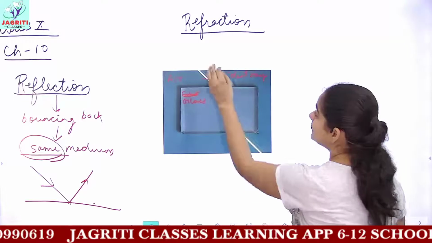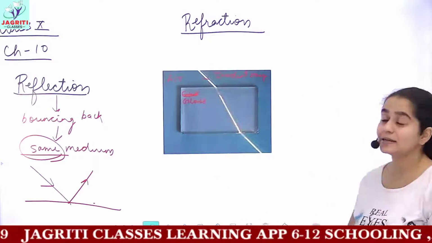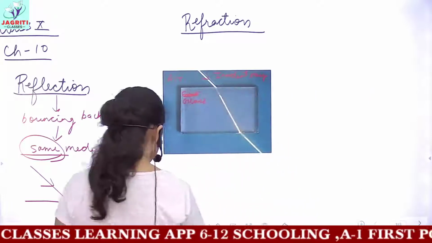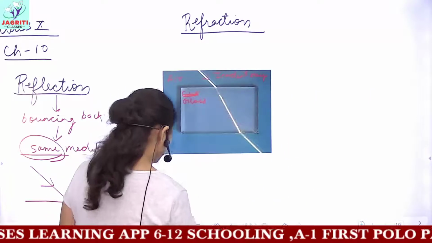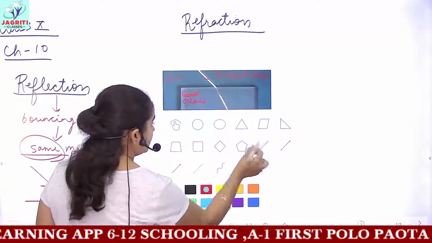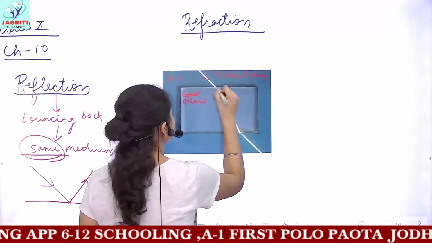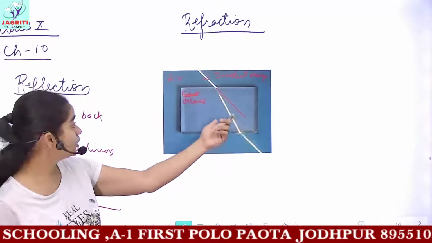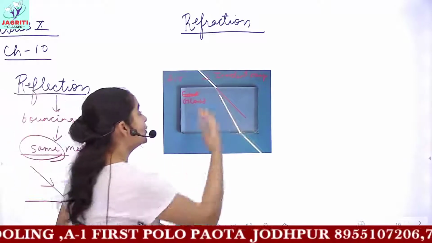And as a result, because the light ray is entering a different medium, this light ray should have followed its initial path. That is, it should have gone like this. But you can see it is not going, it got bent.